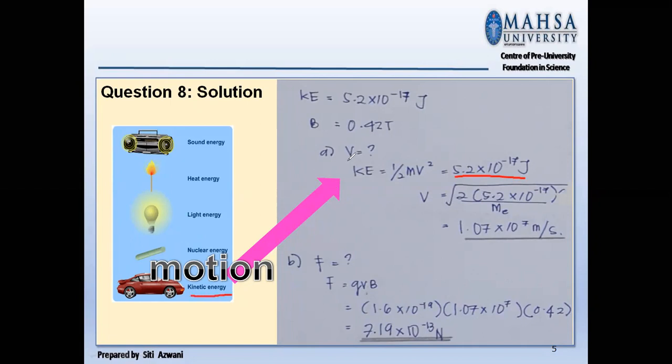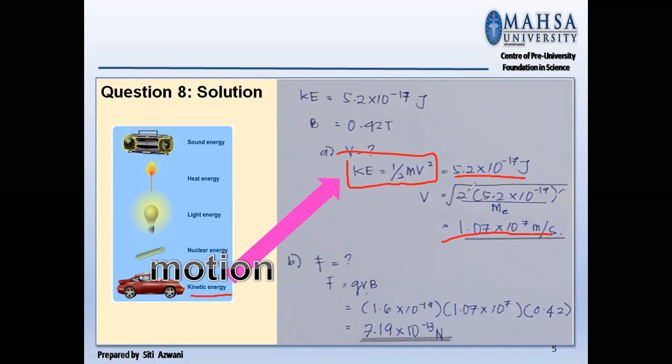So what is the formula for the kinetic energy? I think you are very familiar with this formula. KE equal to half mv square. By using this formula, solve for the value of the velocity of your charged particle.